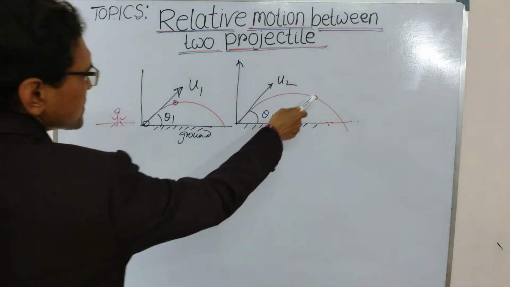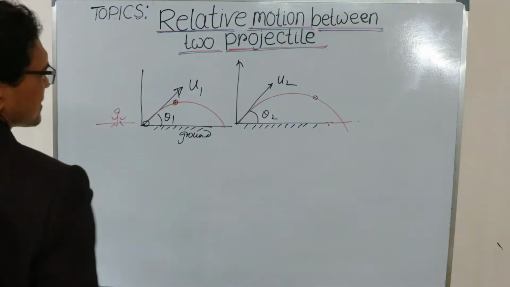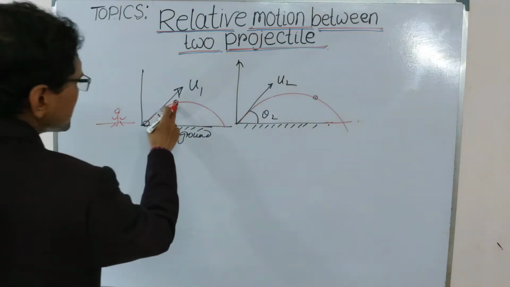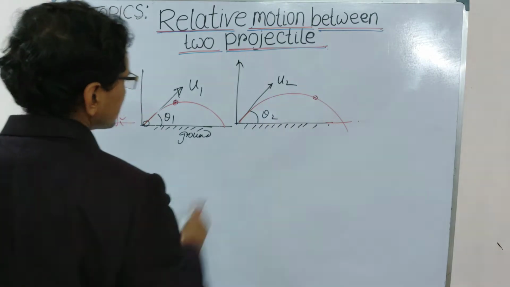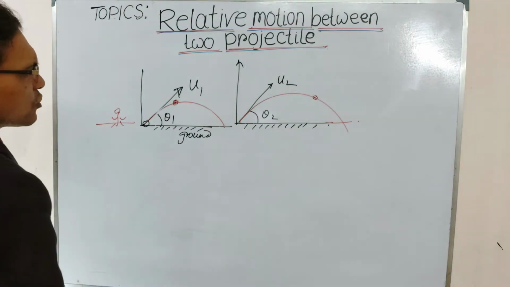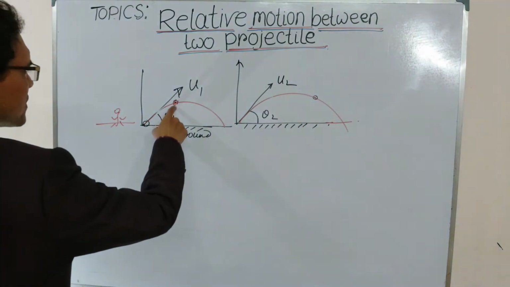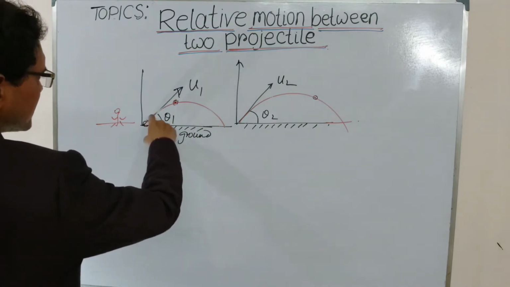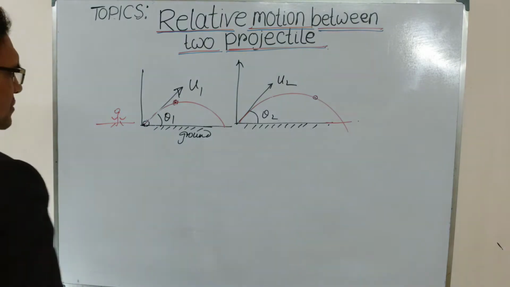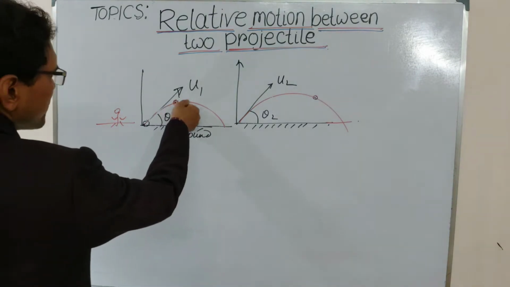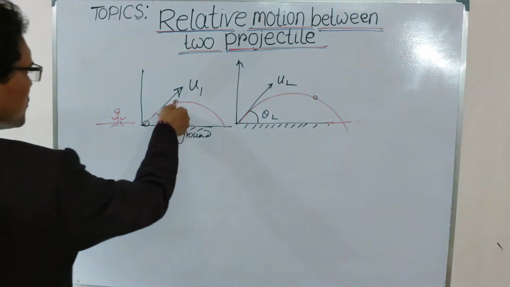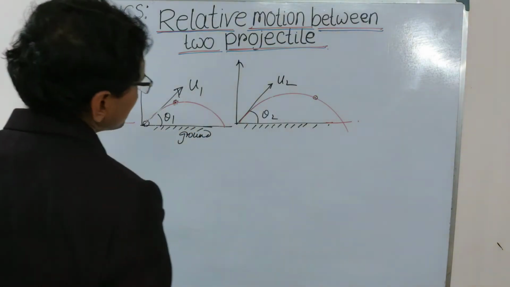But when we observe this particle with respect to the other, it is actually moving, so what will be its path?